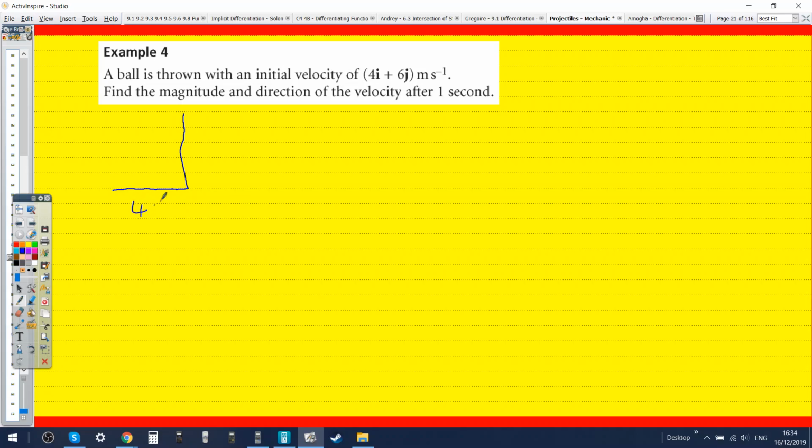Could we use Pythagoras? Yeah. So that's 2 root 13. Oh, hang on. After 1 second. So the initial velocity would be 2 root 13. So that's u.